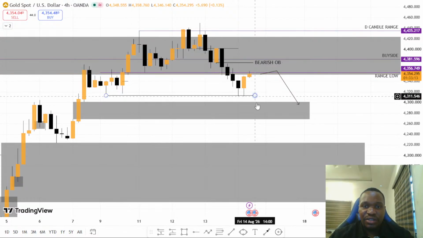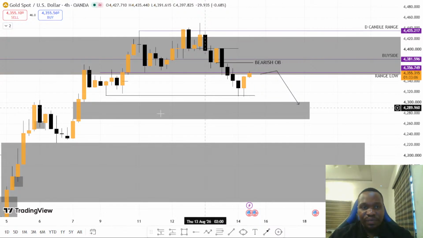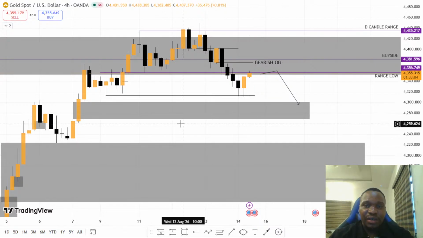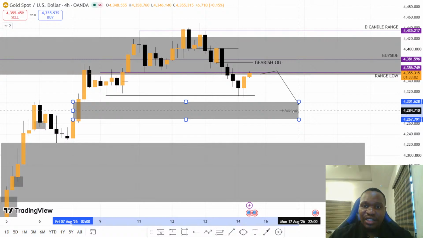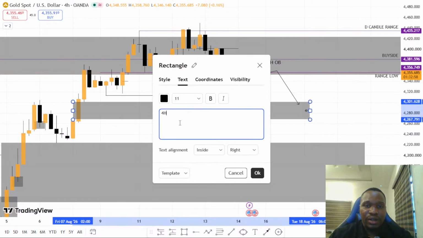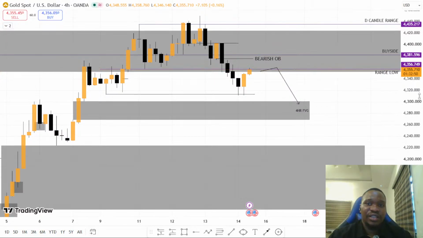I just want to have rejection, and we can have a trade down to this point. So if we have rejections showing indication that price is going to come to this 4 hours bullish fair value gap, then I can set a trade intraday to target for this. Let me annotate this 4 hours FVG and set a trade to target for this range here.